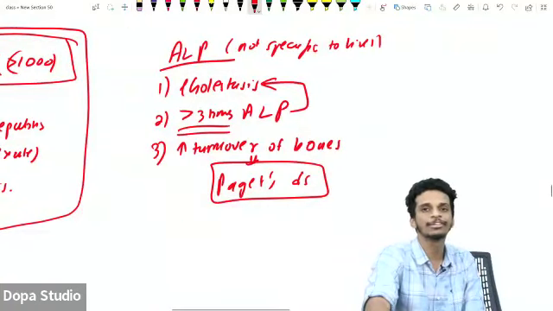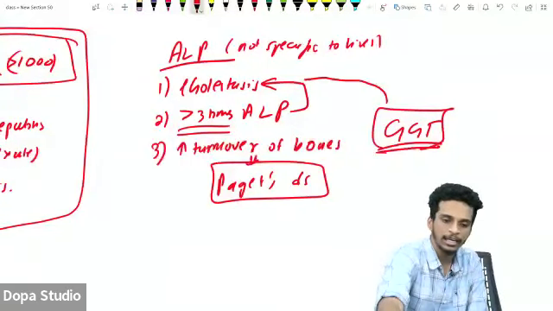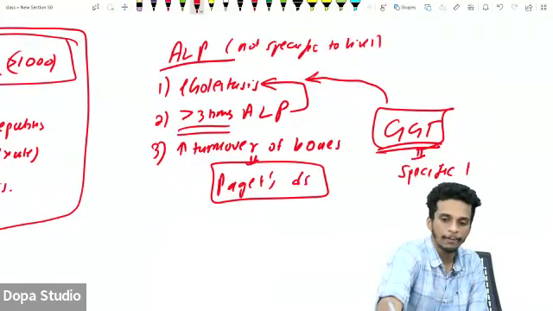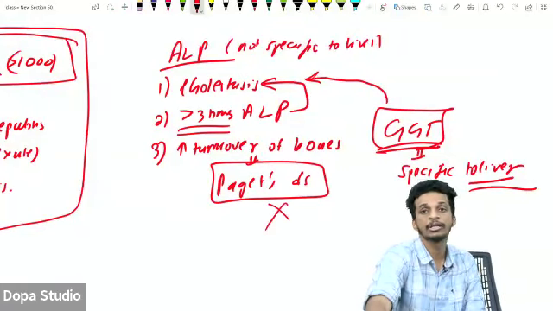So how will you differentiate whether it's a liver disease? For that we do GGT, that is called gamma glutamyl transferase. Gamma glutamyl transferase is again a marker of cholestasis, but the importance is that it is specific to liver, which means gamma glutamyl transferase will not be elevated in Paget's disease.